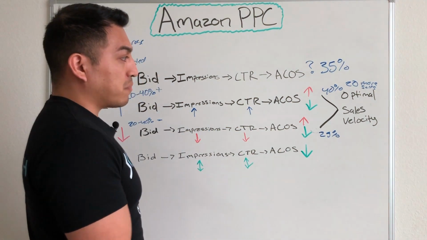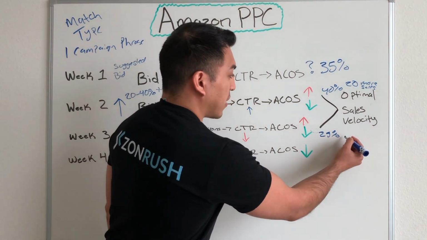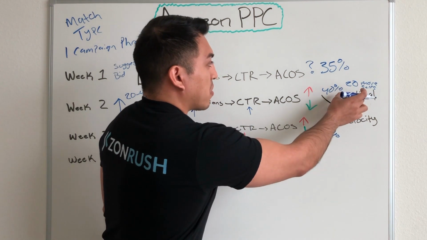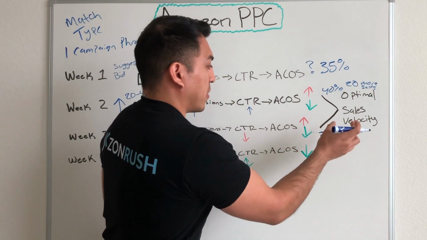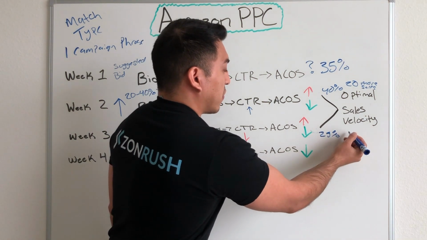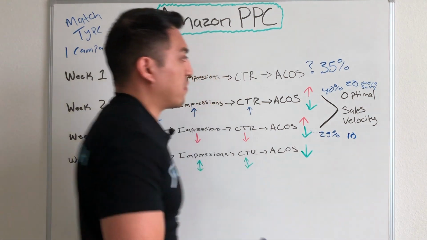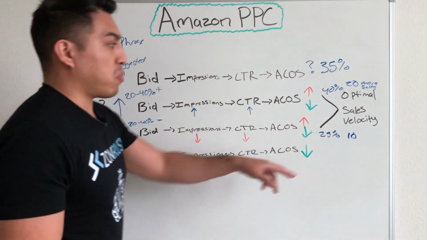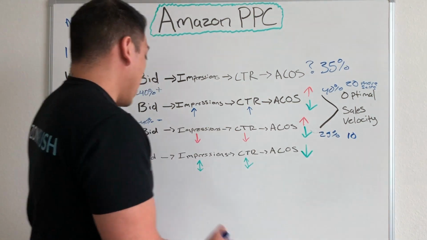But let's say your sales also went down. You're doing 20 more sales at a higher ACoS. Now you have a lower ACoS, and let's say sales velocity slows down by 10. You have 10. You're making fewer sales, but you're increasing your profitability, okay?